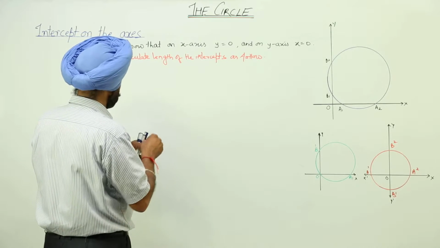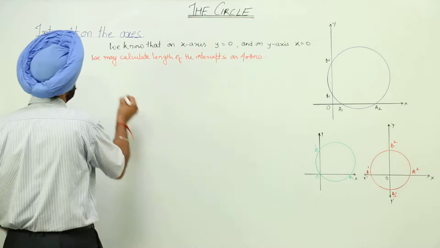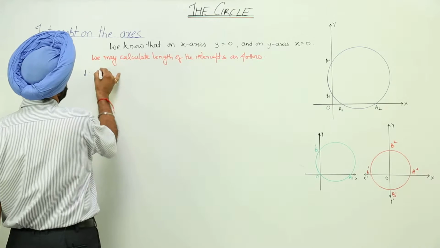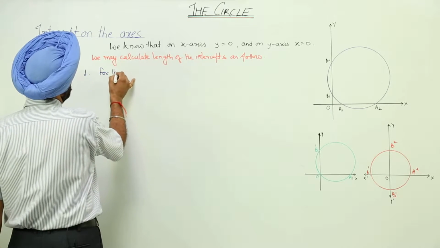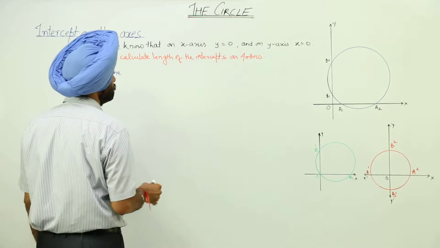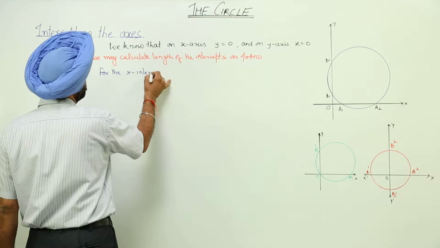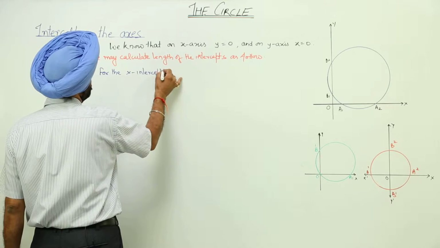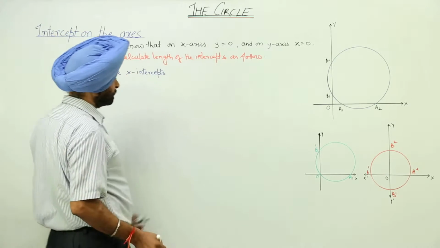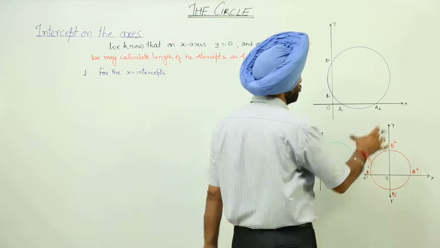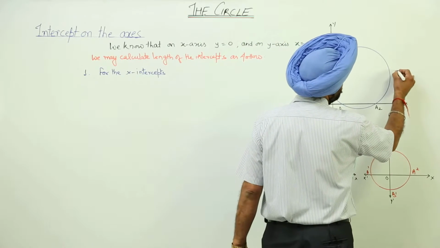Now, how we are calculating it? Now, number 1, for the x intercepts, now in our figure, what is x intercept here?